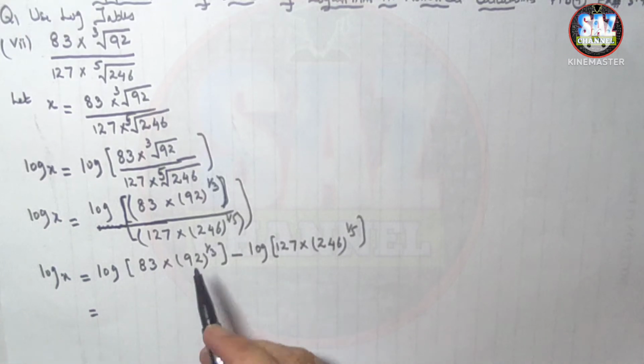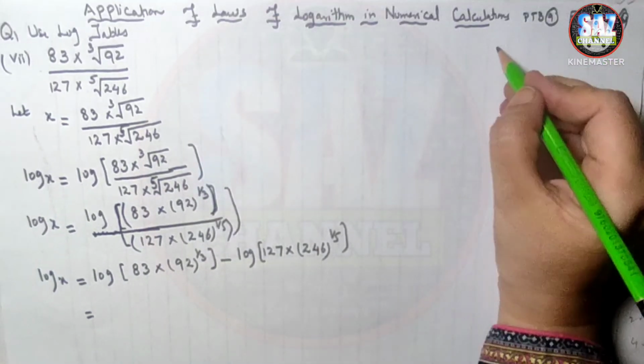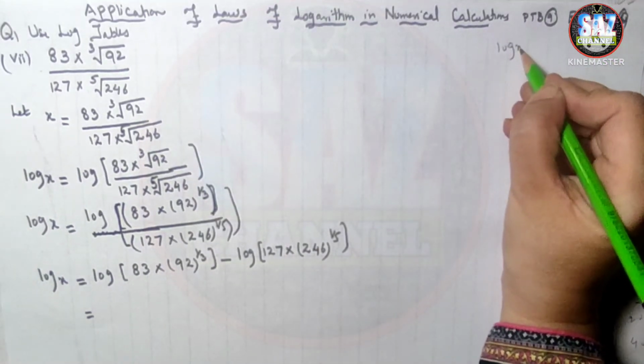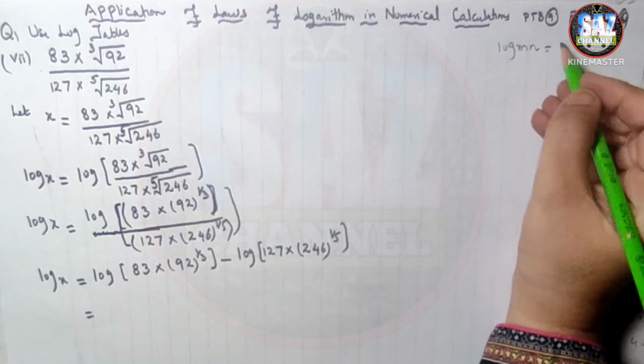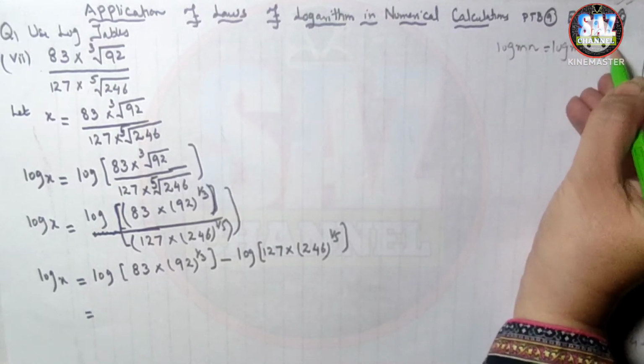So which law? The multiplication law: log of m multiplied by n equals log m plus log n.